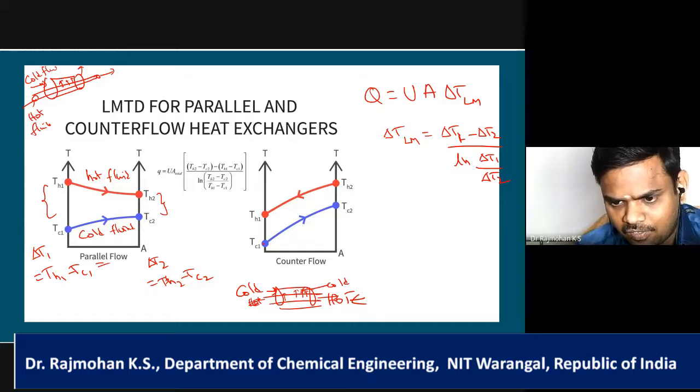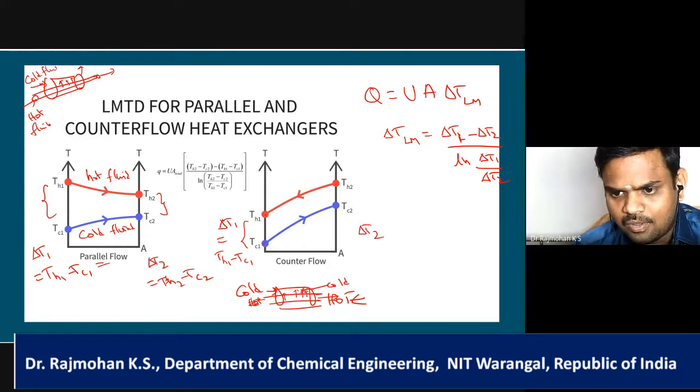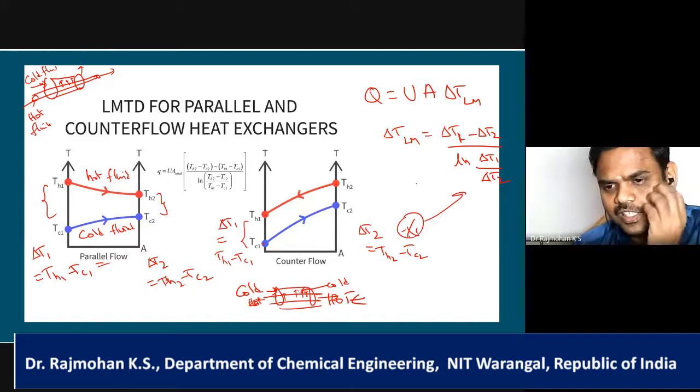And when the hot fluid is entering, it is at high temperature, and when it is leaving this tube, it is at lower temperature. So what is delta T1 here? In this case, delta T1 is TH1 minus TC1, and delta T2 is equal to TH2 minus TC2. So this is very important to determine this delta T LM.